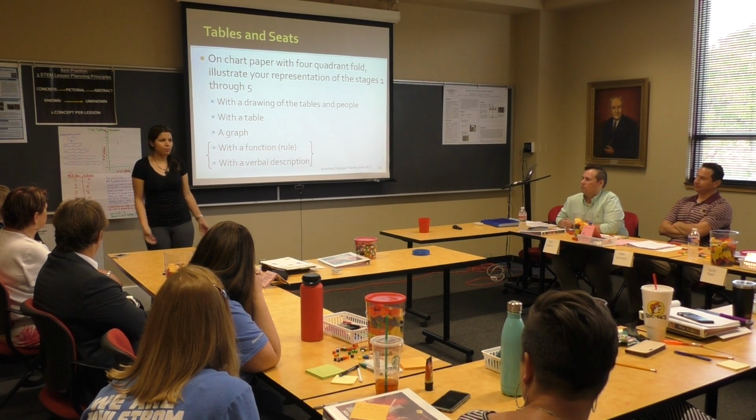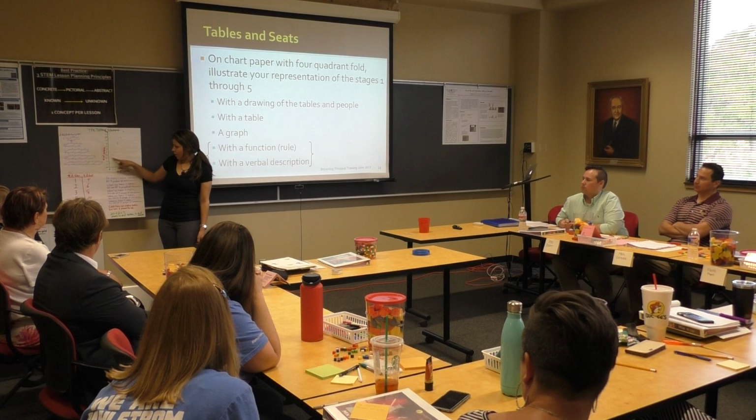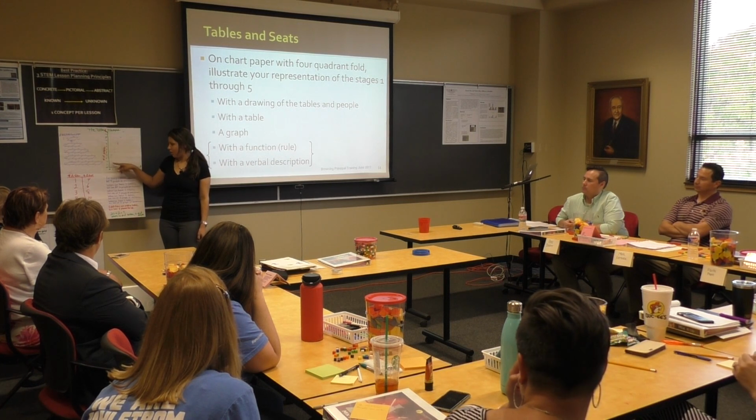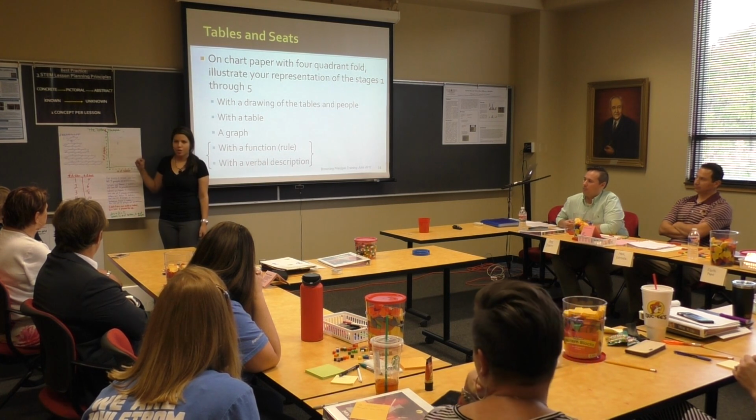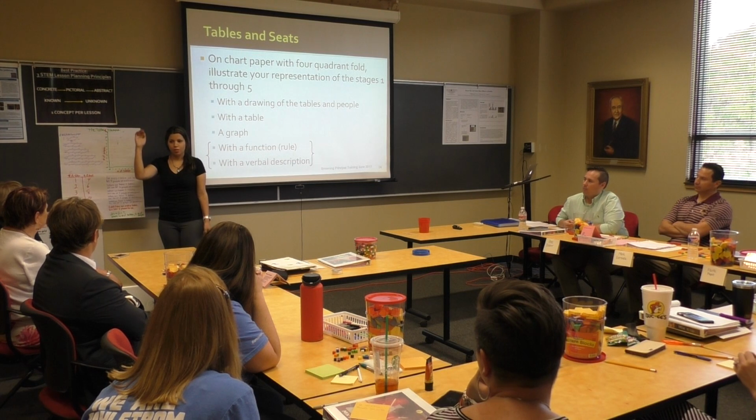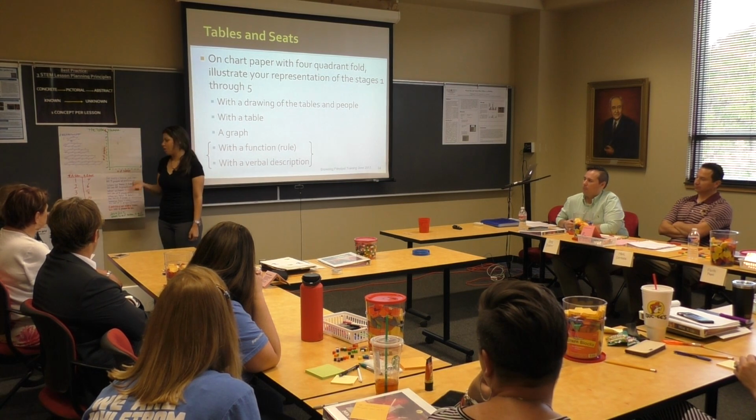I said, well, they would have a table too. So we said, where on the graph would we put that? So we went up to 3 people. We said they would have a table. And then what about 2 people? So then we put a point there. And then we said 1 person would need a table as well. So then we noticed we had points in between instead of that trend or pattern that I noticed.